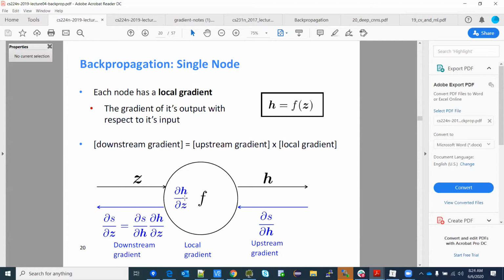Let me do one thing. The way the notes are structured is we'll take a simple example first, and then come to the neural network, because right now we are with simple X and Y and H. In neural networks we come with matrices. So I'll come back to your question.